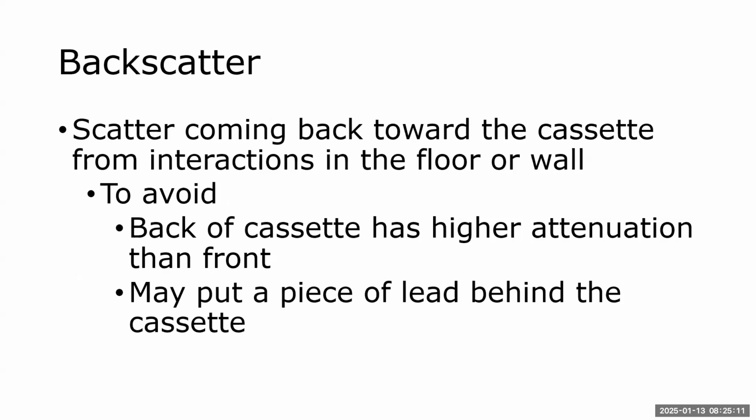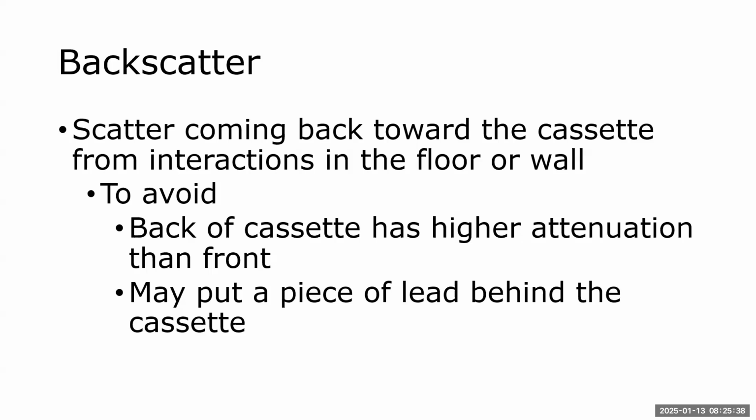But let's say this is the wall, and we had the patient butted right up against the wall, and they're on a backboard. They're lying there. We're having to do cross-table laterals. We would place the grid right beside them, and a lot of times we would put lead behind it because they were right up against the wall.